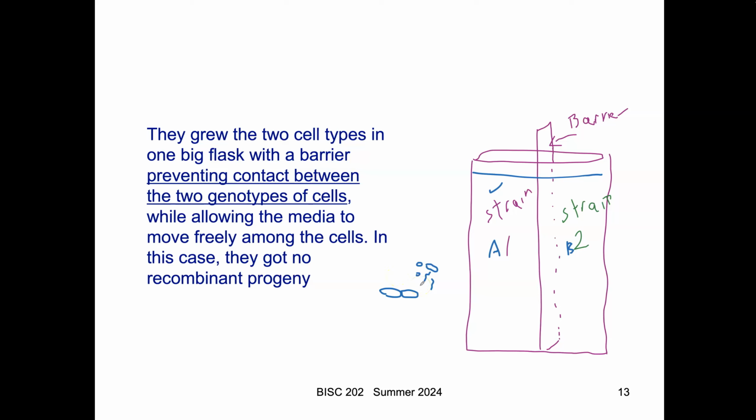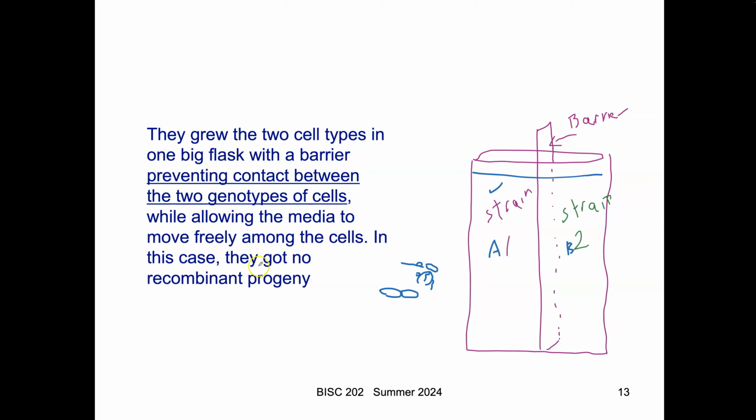This is what they were testing. And if this was true, then you might expect some of the DNA might make it through the little pores of this filter and make its way to the other side.